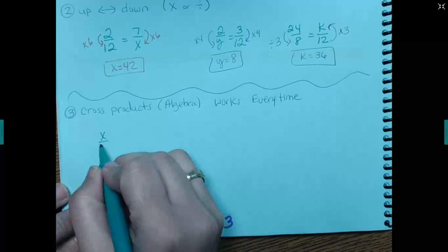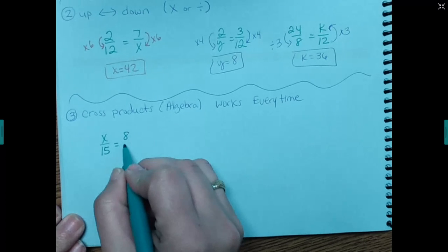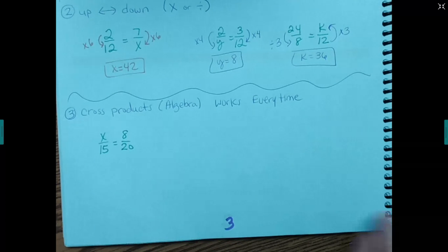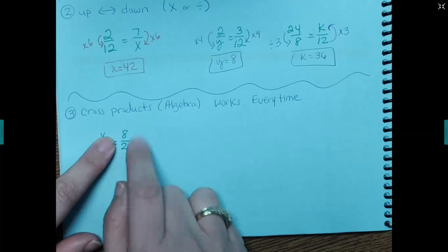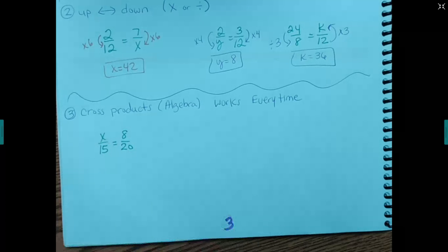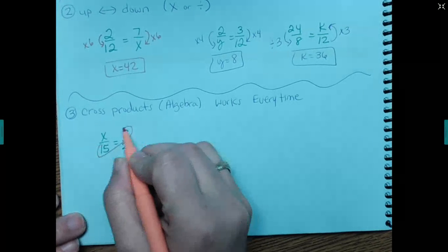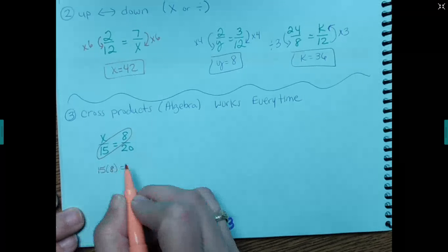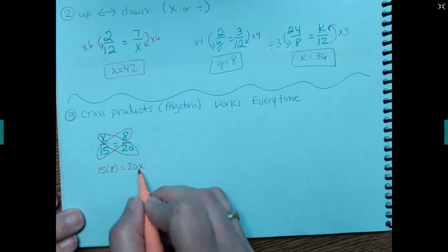X over 15 equals 8 over 20. Okay, I can't get from 15 to 20. I can't get from 8 to 20. So I'm going to just do old school algebra. Okay, so cross products. 15 times 8 equals 20 times x.